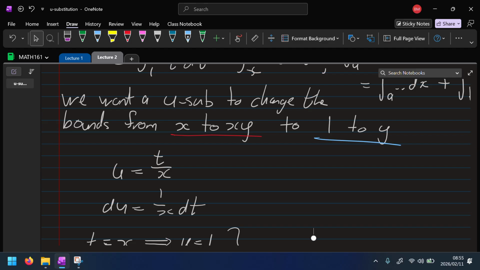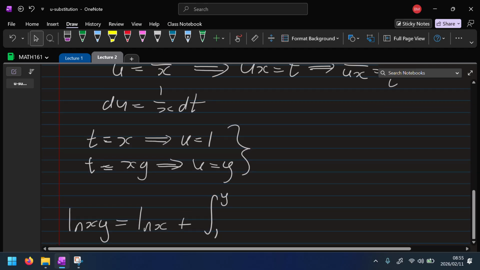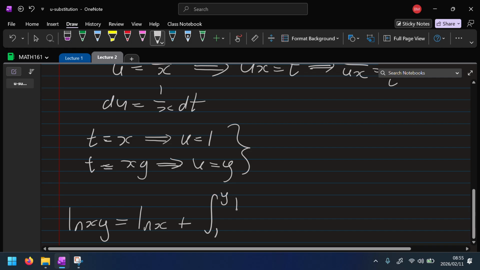What do we get for 1 over t? 1 over u times x. Yeah. Okay, so we do a little bit of working on the side. We can take the x over, right? Now we want 1 over t, so we do one more step. Okay, everyone see that? Yeah, so we put that in. So 1 over t becomes 1 over ux.